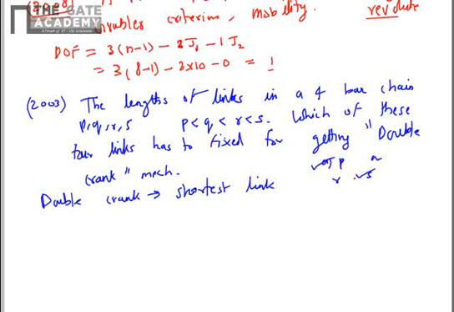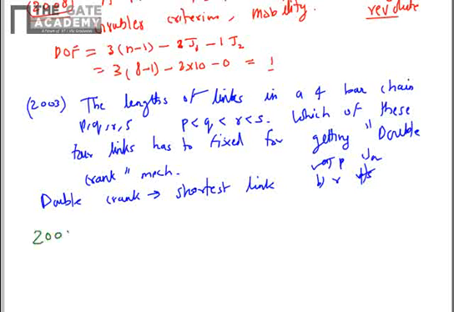Don't go by our original terminology where we use P, Q, R, S. You see for yourself which is the shortest link here. So in this case, P is the shortest link, and hence you have to pick that. Therefore, you need to go back to your definitions of double crank, double rocker, crank rocker, and how they are formed by different inversions of a 4-bar chain. You need to remember that.